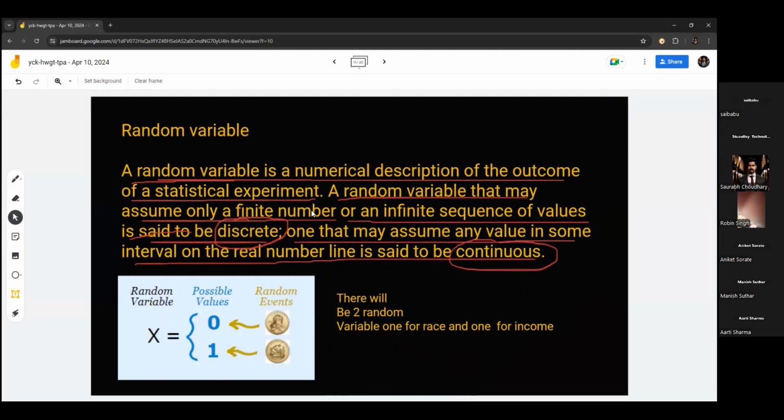Okay, next topic will be our discrete random variables and continuous random variables. And then we will do categorical random variables and all that.